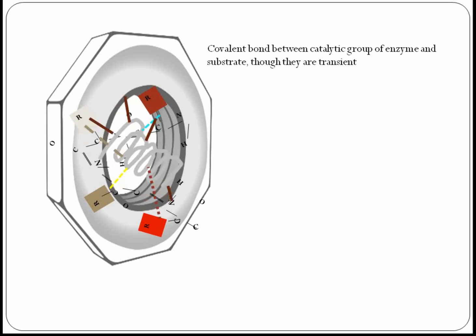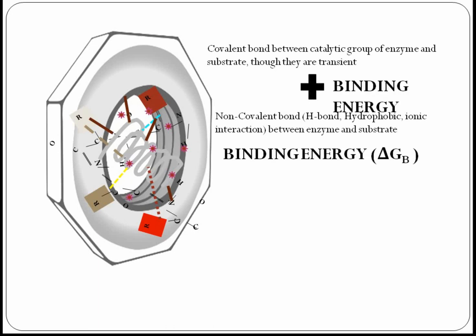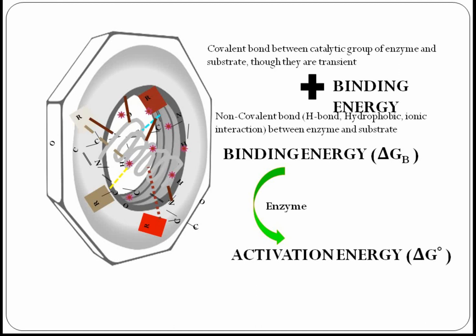Along with this covalent bond, non-covalent bond formation will also take place between the substrate and the enzyme, and the energy that is released after these covalent and non-covalent bond formations, the combination of the energy, is called binding energy. This binding energy is actually used by an enzyme for lowering the activation energy for a particular reaction. So actually, binding energy, we can say, is the source for an enzyme to lower the activation energy.